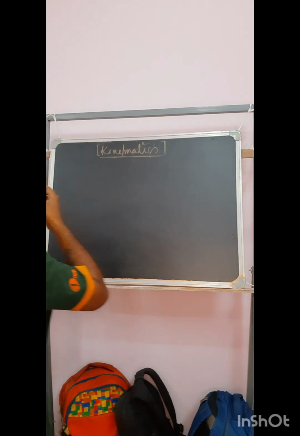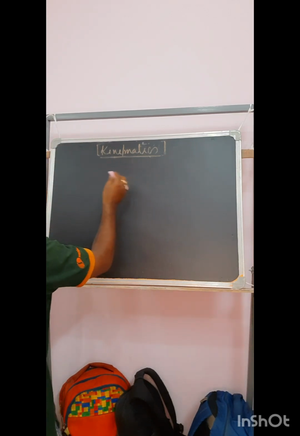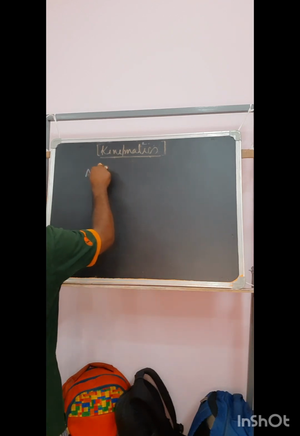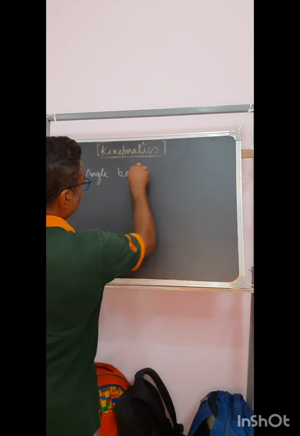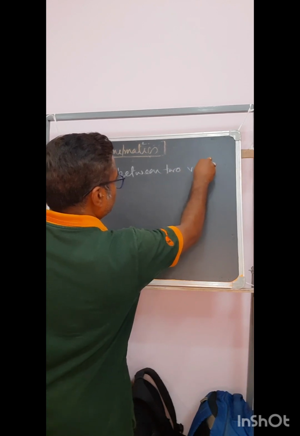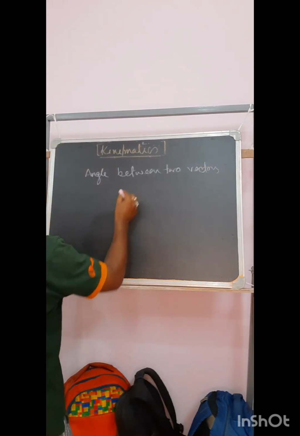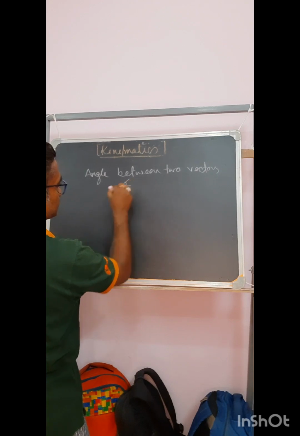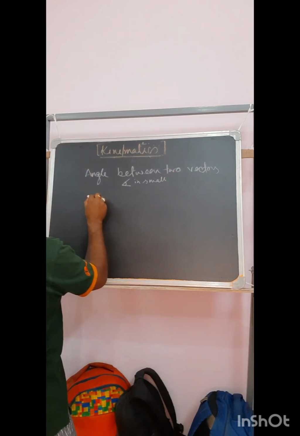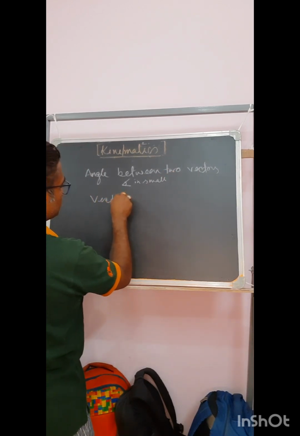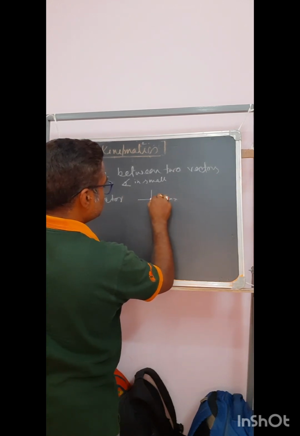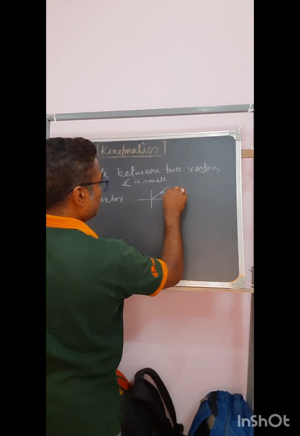So there are two things: the angle between the vectors and the vector angle. The angle between two vectors is the angle in its smaller value, and the vector angle is the angle with the positive x-axis in the anti-clockwise direction.